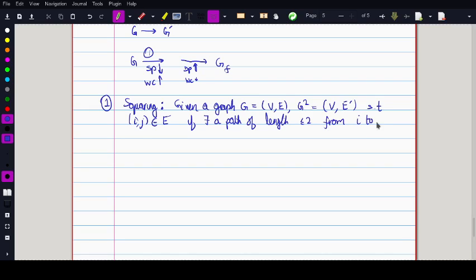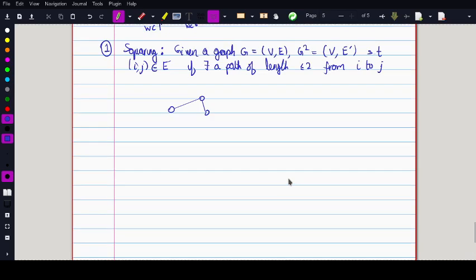So basically let's say you have some graph and I want to square the graph. What I'll do is I'll join all the vertices connected by paths of length 2.